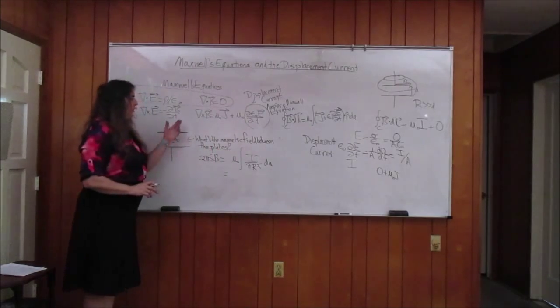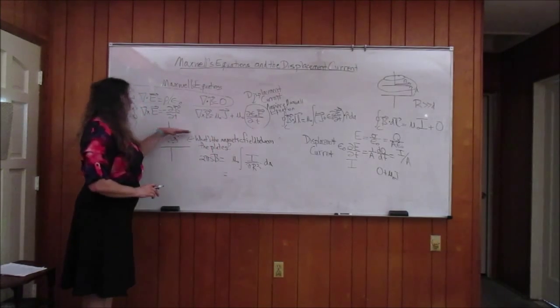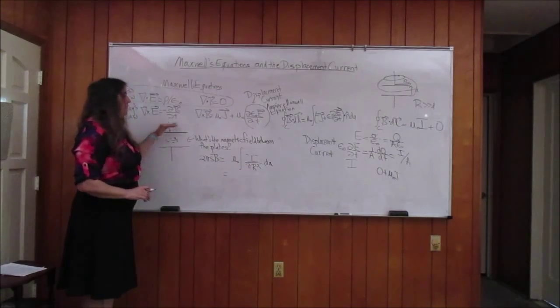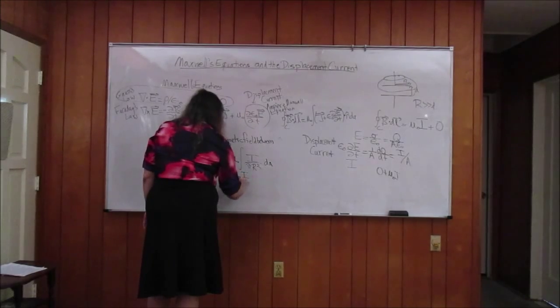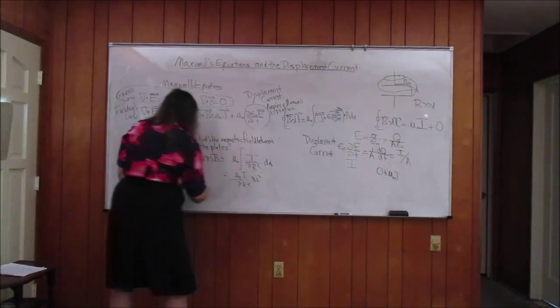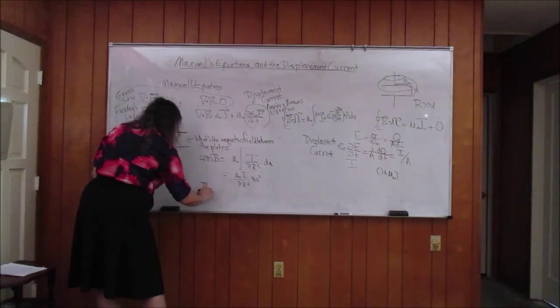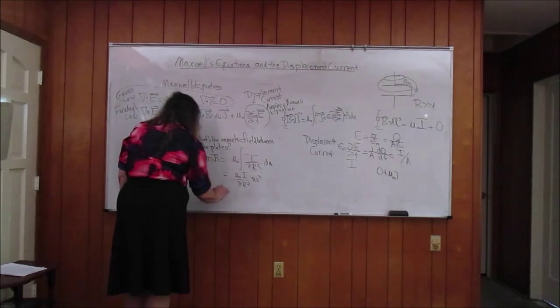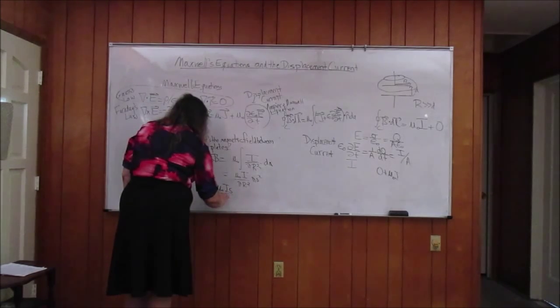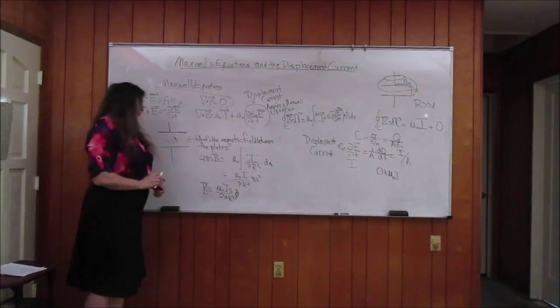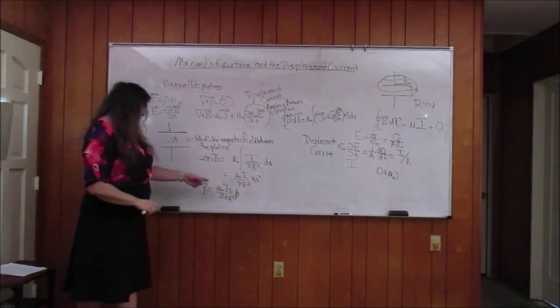And I should make clear too that we're assuming that the current just spreads out on the plates in an even fashion, and that will be in a circumferential direction.